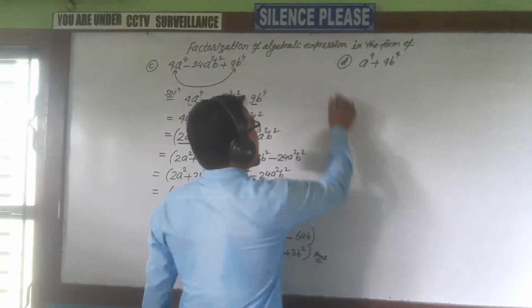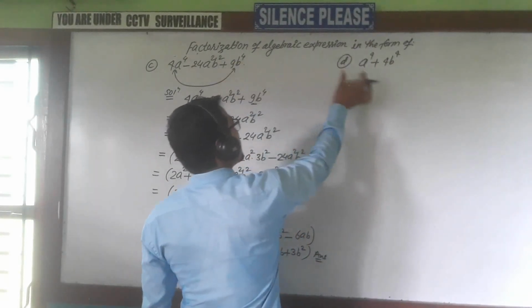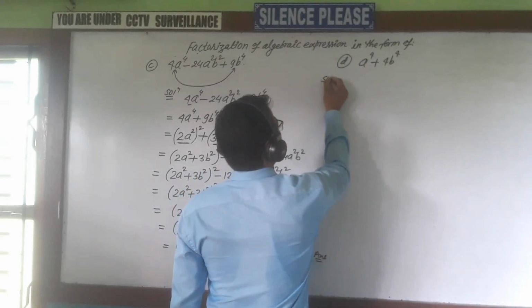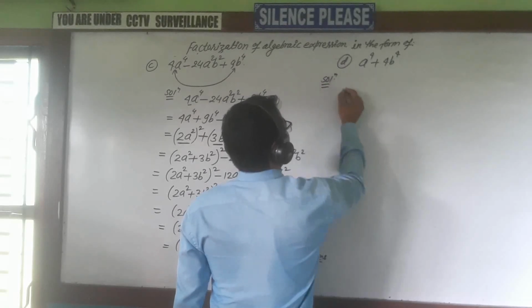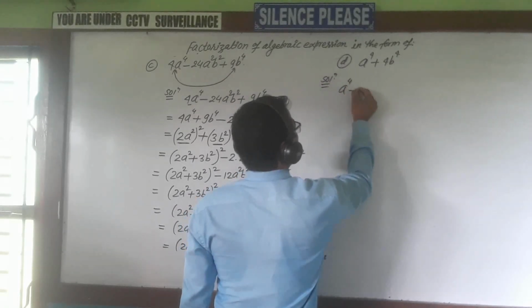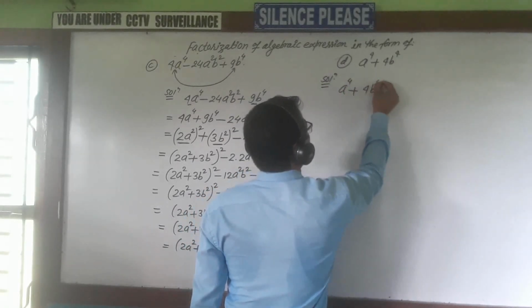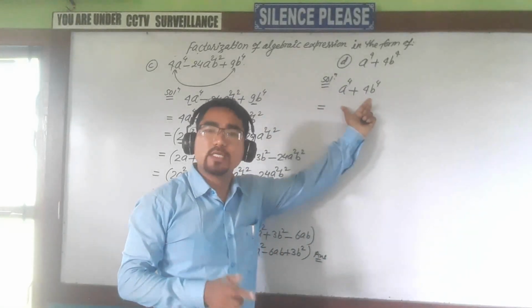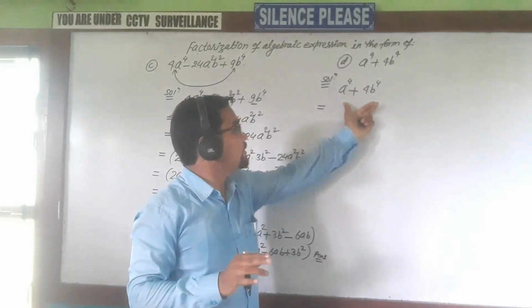So everybody, this also is the same procedure. This question also we can solve by the same procedure here. The solution. Our question is a power 4 plus 4b power 4. Here, only two terms we have. But no need to get confused. Look at the question very properly.